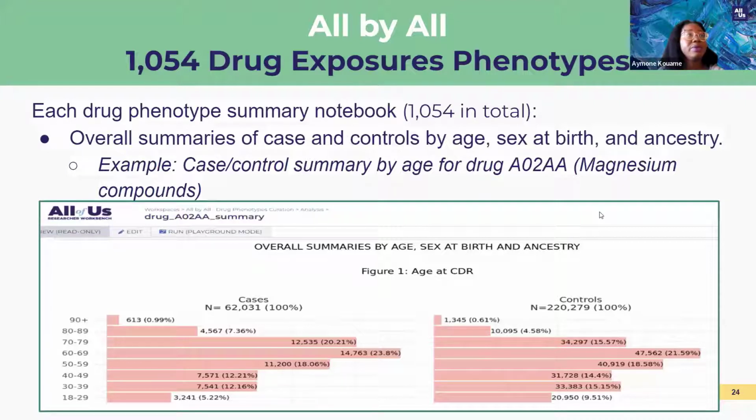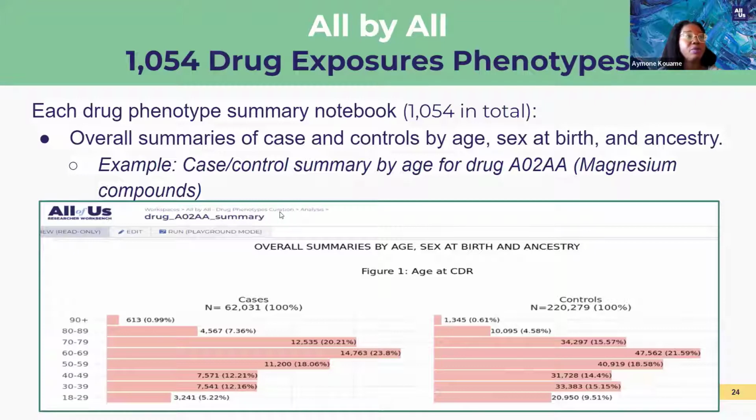So when you open a notebook summary for a specific code, this is an example for the magnesium compounds. You have an overall summary of case and control by age, by sex at birth, and ancestry. So this is a graph of the summary by age at CDR for the magnesium compounds.